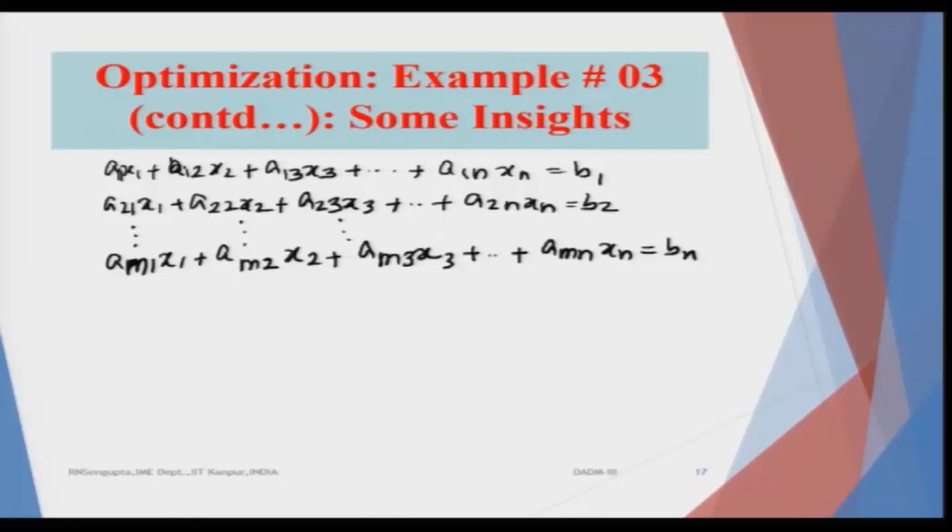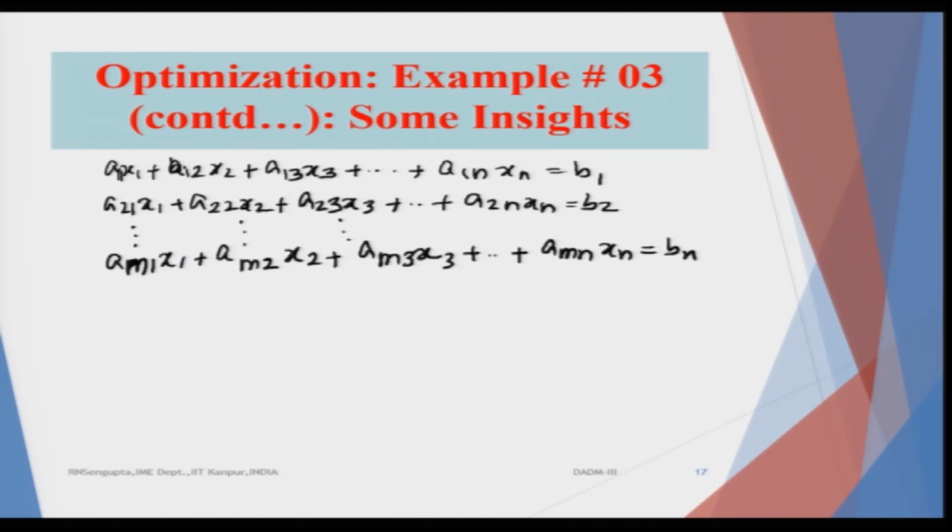Now, when we utilize this concept, we are aware that there is a concept of rank of a matrix. So, once we have this set of equations in front of you, which has a 1 1 to a 1 n in the first row, a 2 1 to a 2 n in the second row, and a m 1 to a m n in the last row, you will basically have 1 2 3 4 till n.